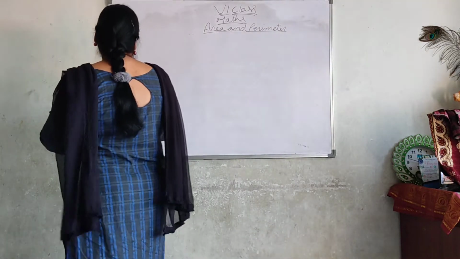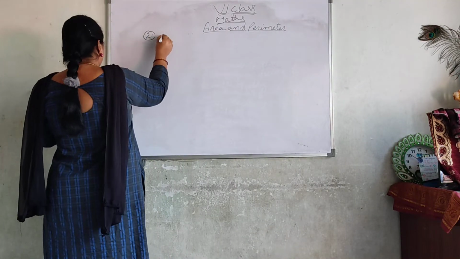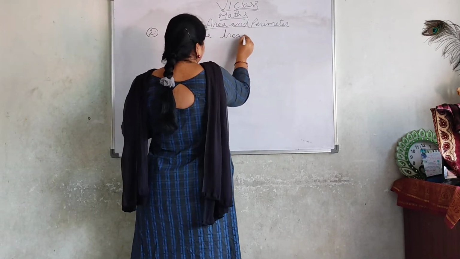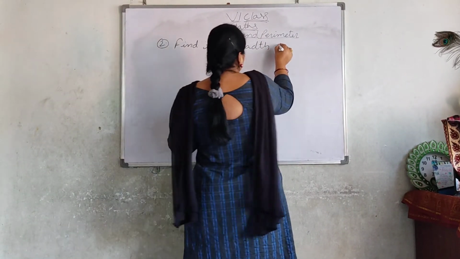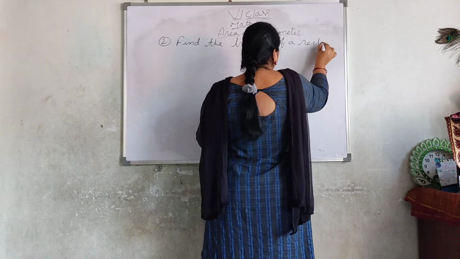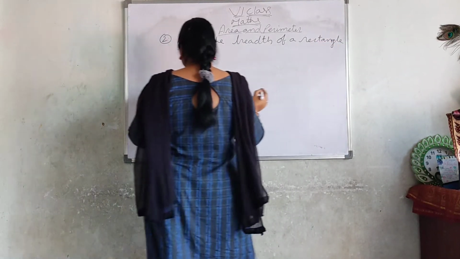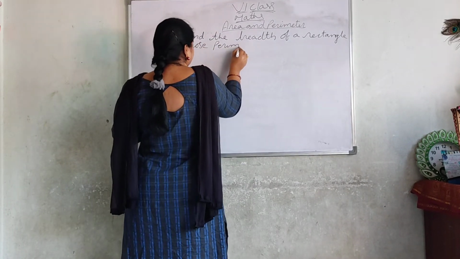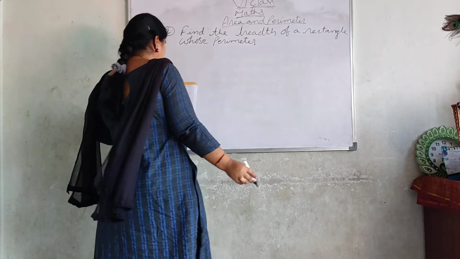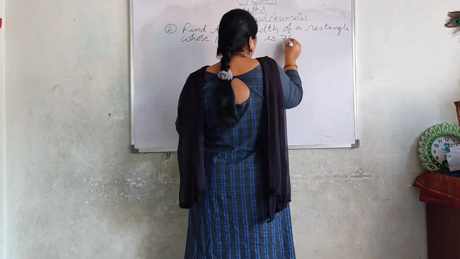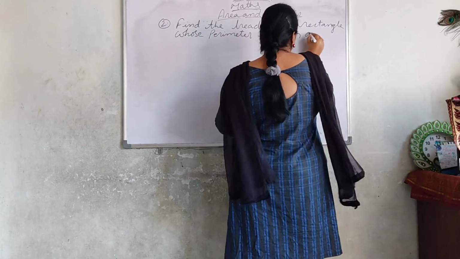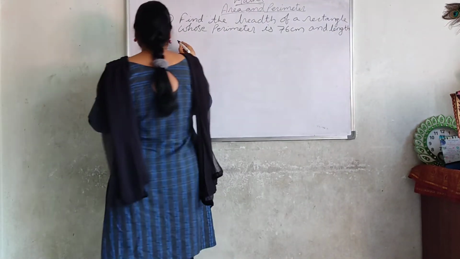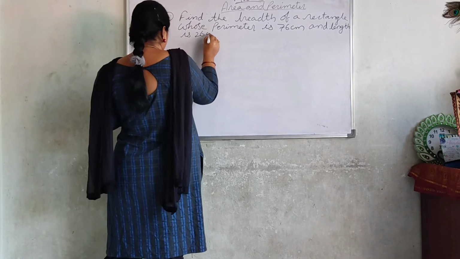Now coming to the second problem. Find the breadth of a rectangle whose perimeter is 76 centimeters and length is 26 centimeters.